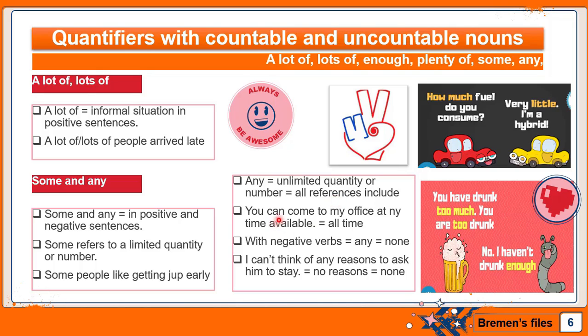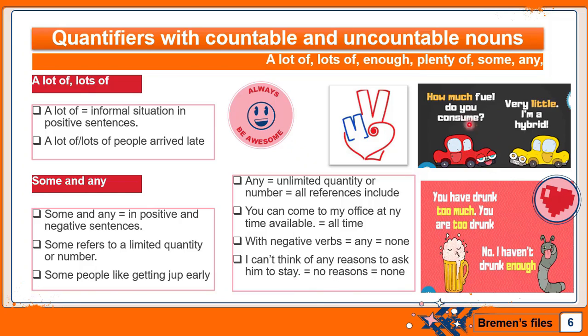You can come to my office at any time available, morning or afternoon, anytime you have the availability to come to my office. With negative verbs, any or none, I can't think of any reasons to ask him to stay. The meaning is no reasons or none.